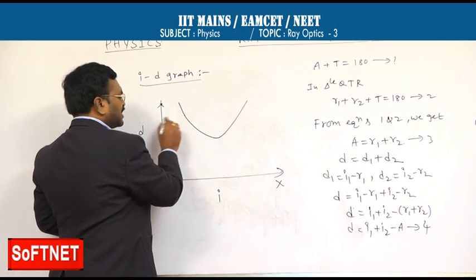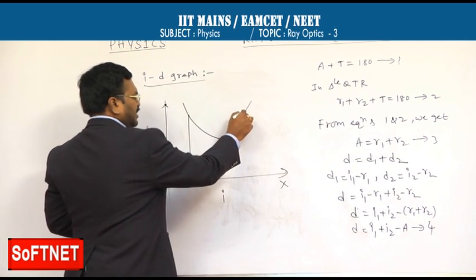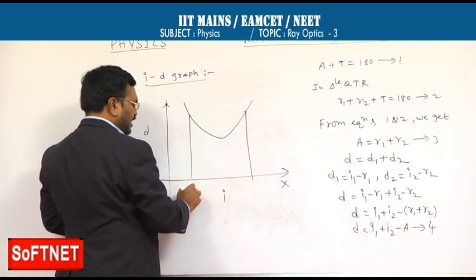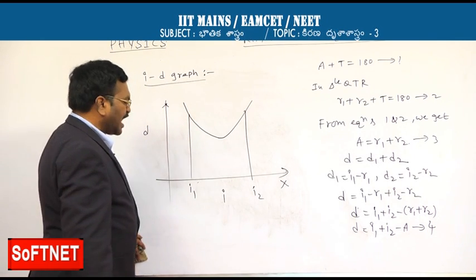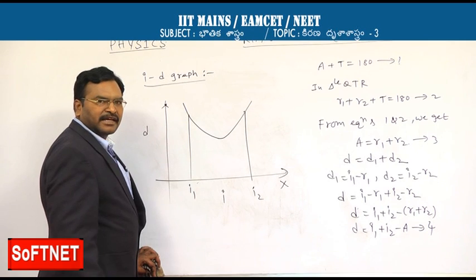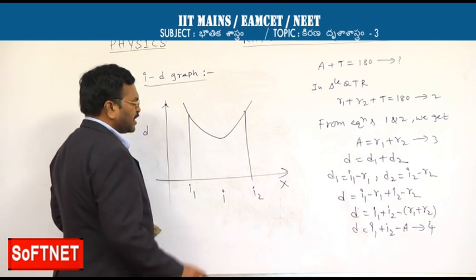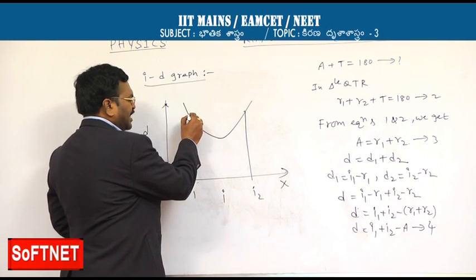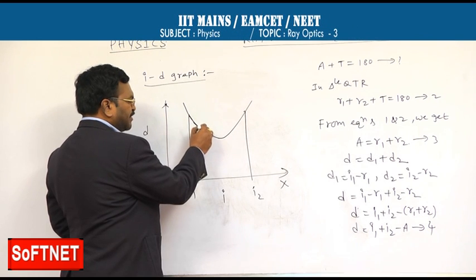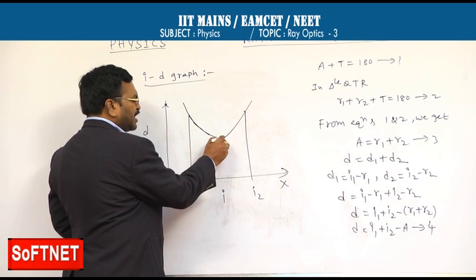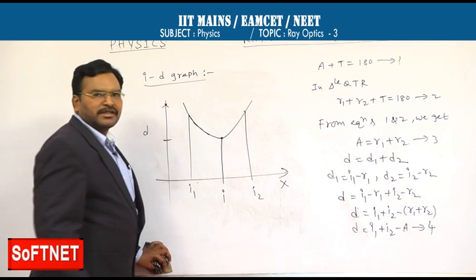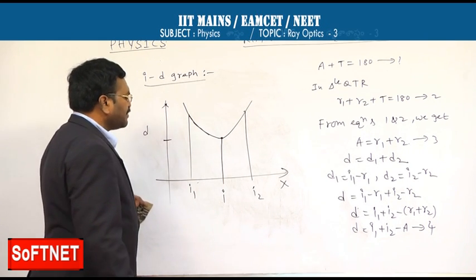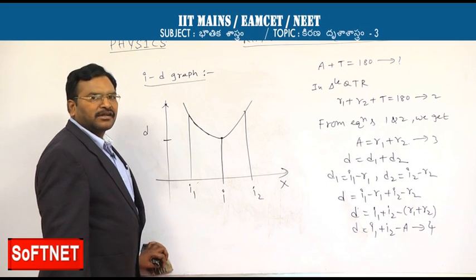For a particular angle of deviation we have two values, I1 and I2, that is, one angle of incidence and one angle of emergence. At minimum deviation, I1 and I2 coincide.